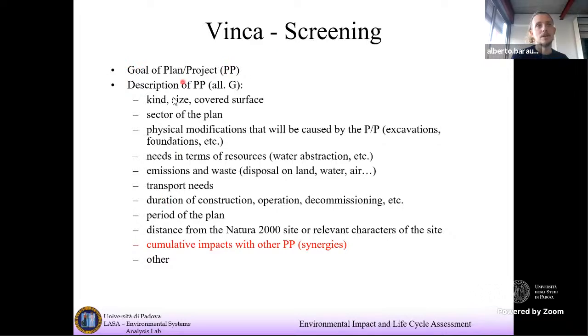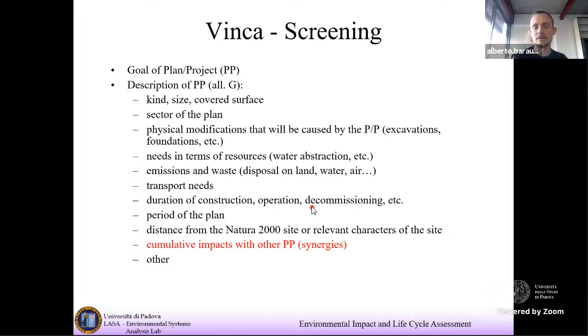You quantify the plan or project, meaning size, space covered, water abstraction, emissions, waste in terms of kilos or volume, duration of the construction phase, of the operation phase, of the decommissioning phase.